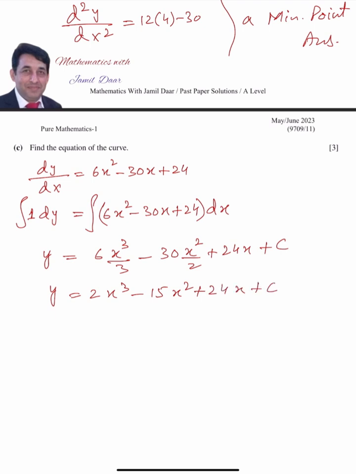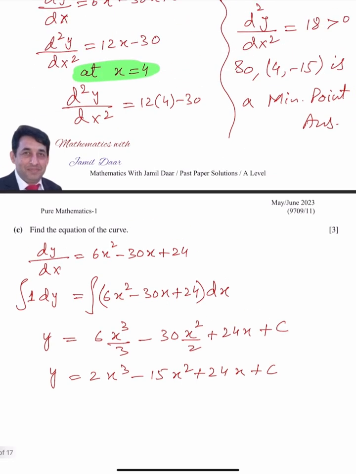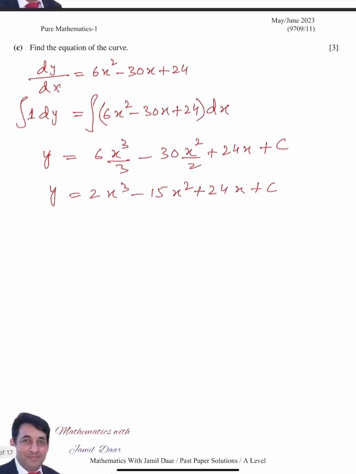You know that the stationary point (4, -15), which is the minimum point, lies on the curve. So as (4, -15) lies on the curve, that will satisfy the equation. So we can substitute in the equation.